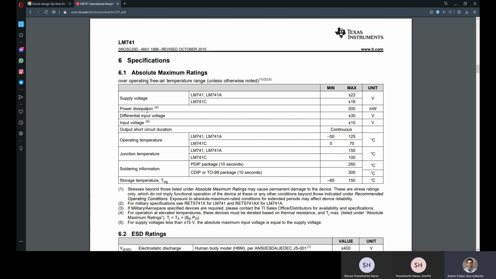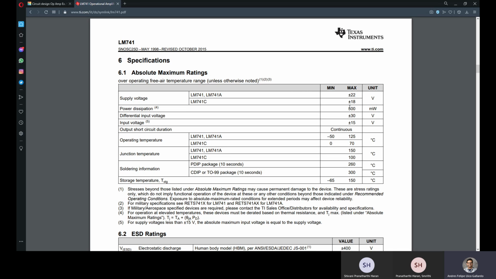A few other things that you might be concerned about is power dissipation. So you know more or less how much power you're putting into your output. Let's say you're powering a speaker. A speaker, depending on the speaker, can be like 4 or 16 ohms. It's usually a very small amount.